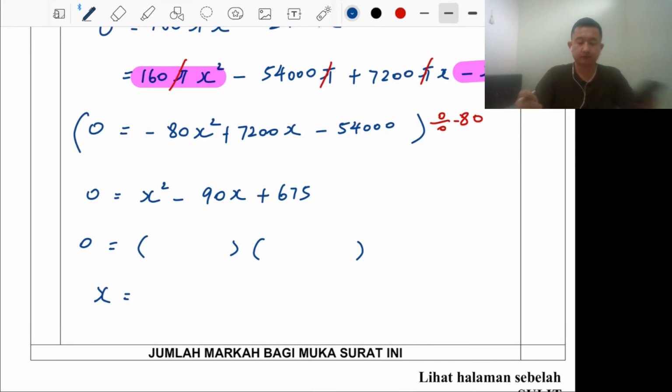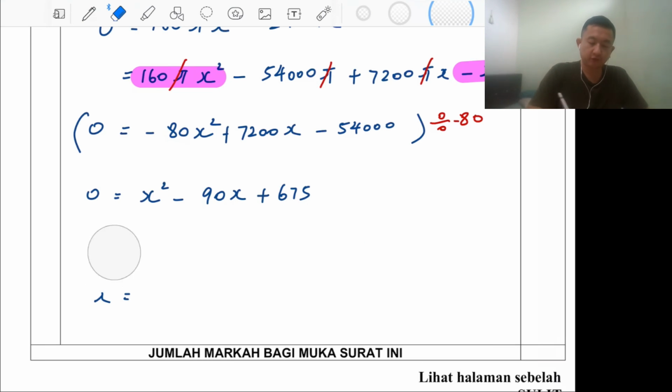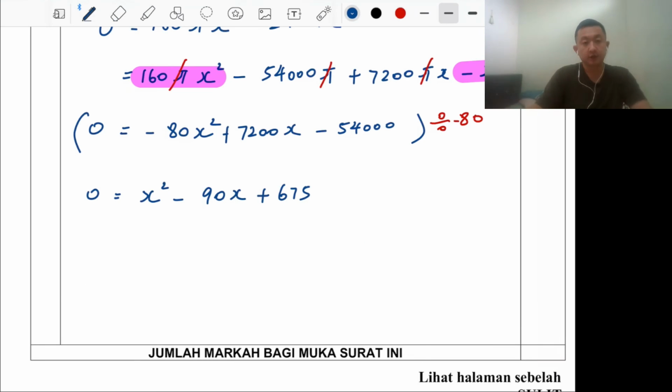Factorization. Oh, not beautiful. Okay, if it's not beautiful, you can't use cross factorization. You have to use the formula.